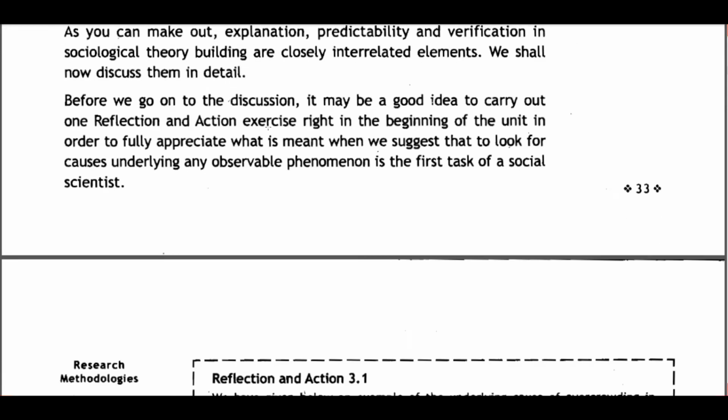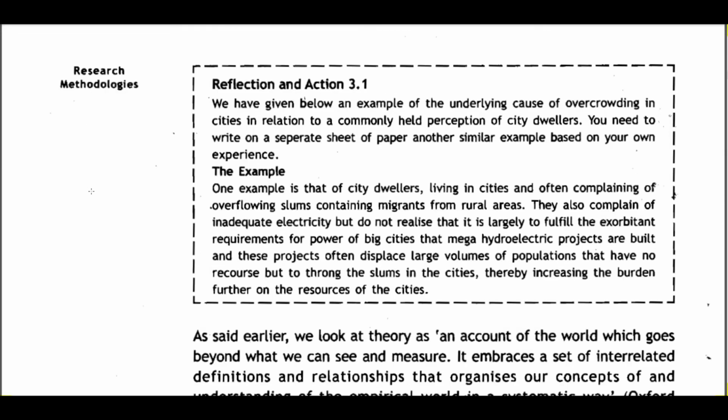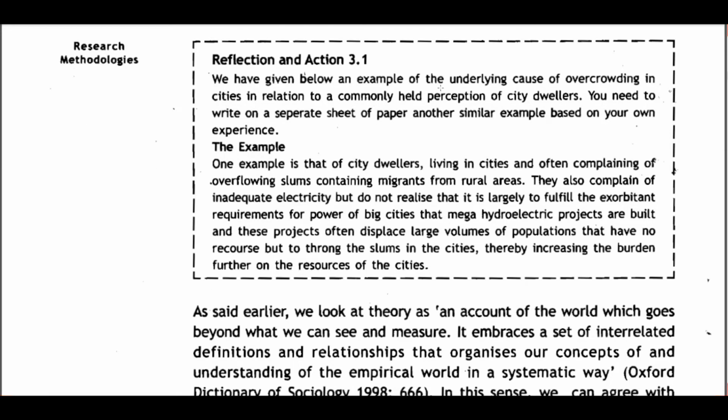Before we go on to the discussion, it may be a good idea to carry out one reflection and action exercise right in the beginning of the unit in order to fully appreciate what is meant when we suggest that to look for causes underlying any observable phenomenon is the first task of a social scientist. Reflection and Action 3.1.